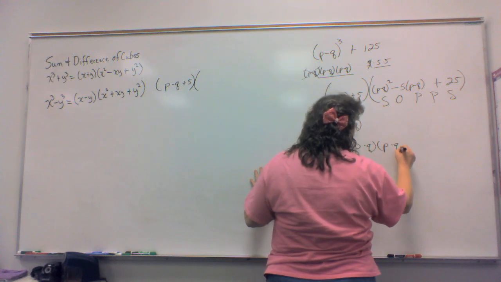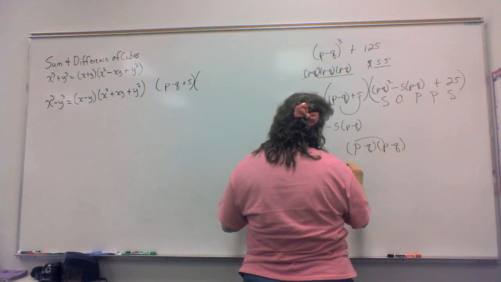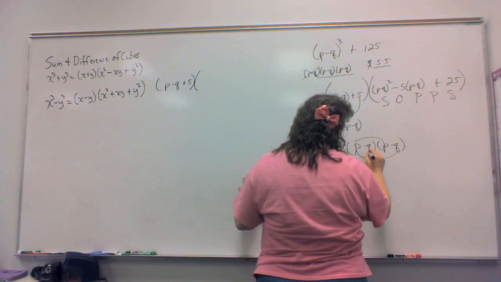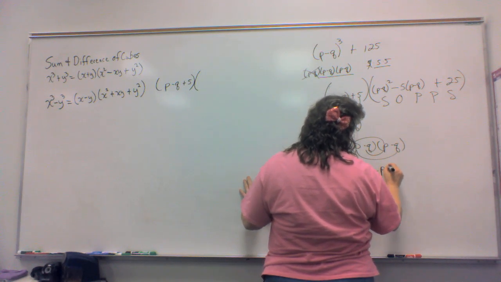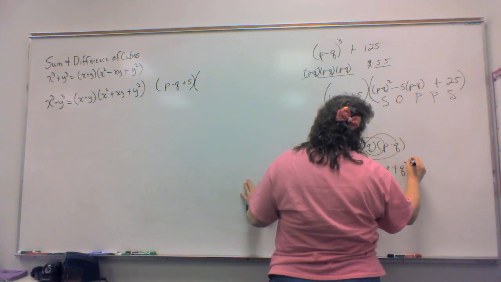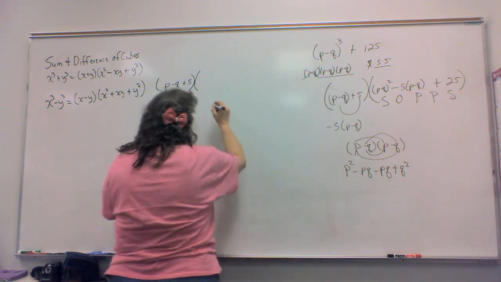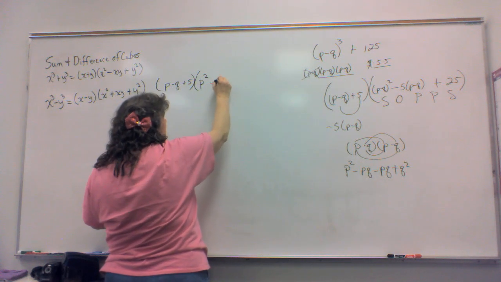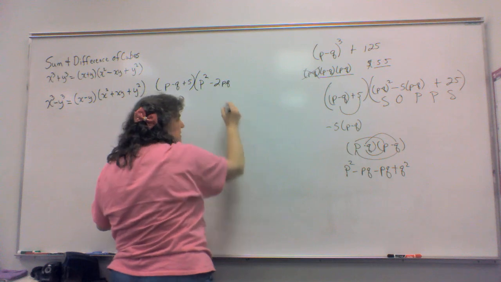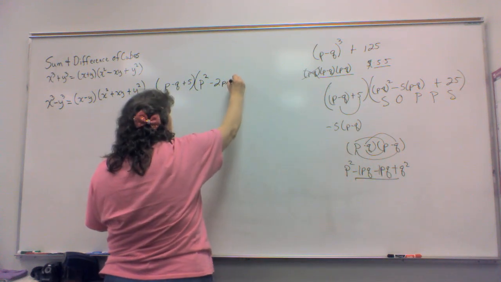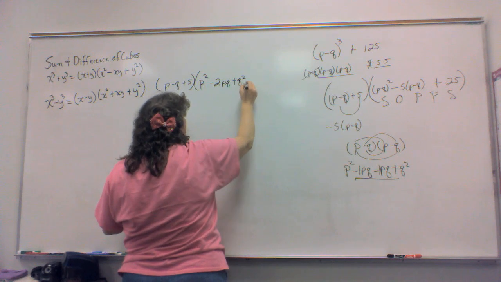You're going to have to FOIL this, have P squared minus PQ minus PQ, and then plus Q squared. Okay? So that's the first thing that's going to go in here. P squared minus 2PQ, because there's 2 of them combining your like terms, and then plus Q squared.